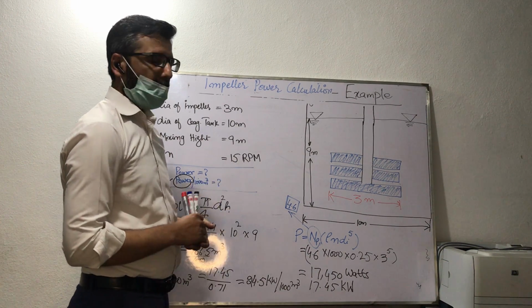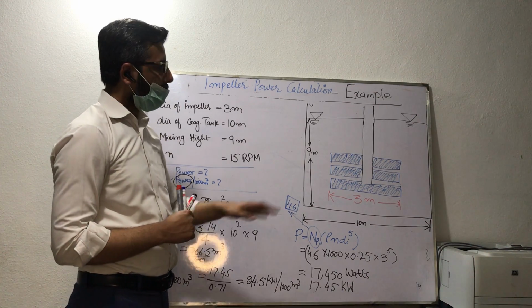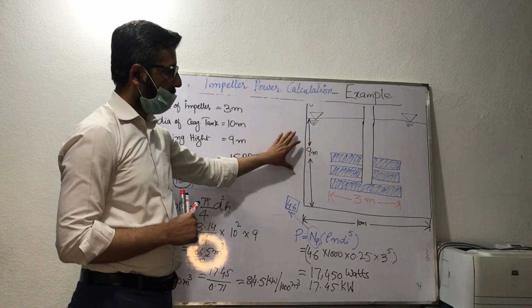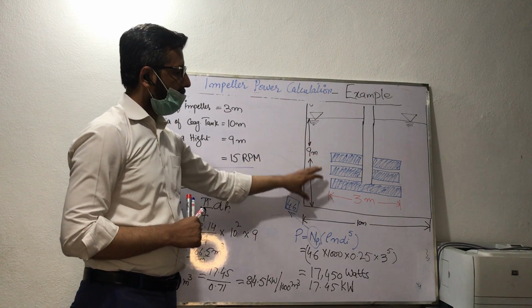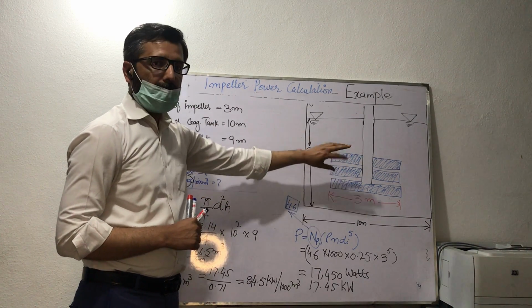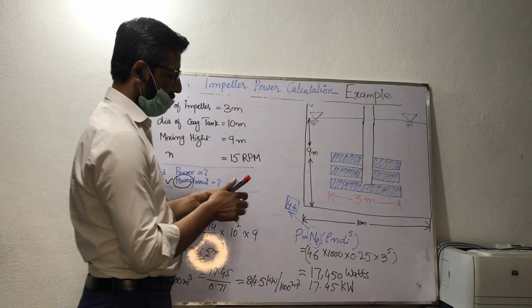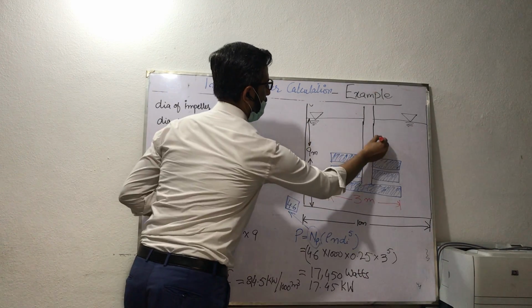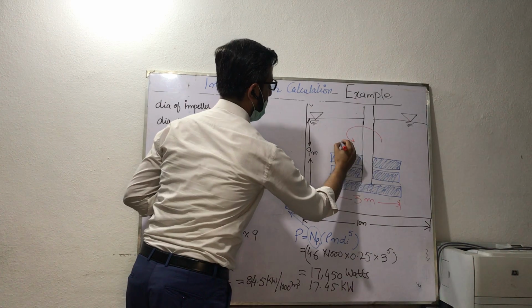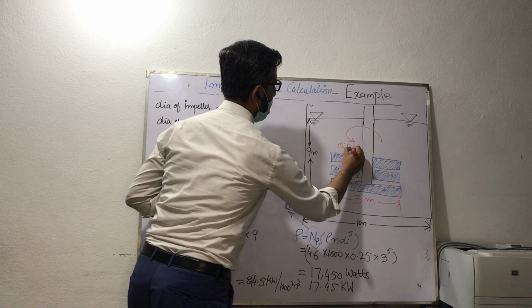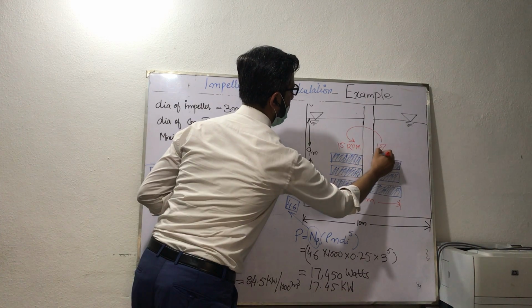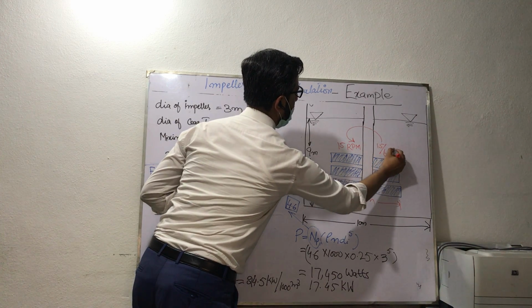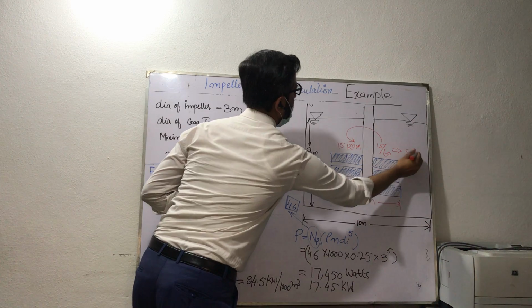If we briefly sum up the numerical, we have the mixing height of the water, we have the diameter of the tank, we have the diameter of the impeller. We have to operate this impeller at 15 RPM, which can be converted to seconds as well.